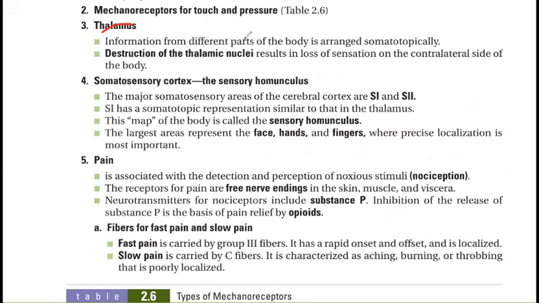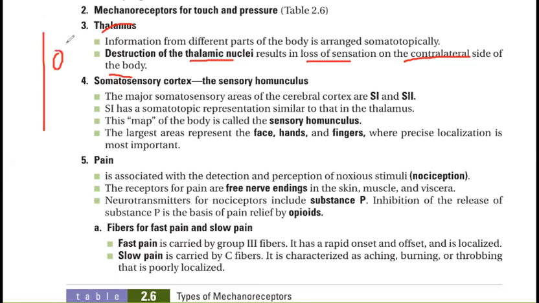So at the level of the thalamus, information from different parts of the body is arranged somatotopically. Destruction of the thalamic nuclei, now there are 5 or 6 thalamic nuclei, results in loss of sensation on the contralateral side of the body. Now this is important. This is your midline, and this is your brain.